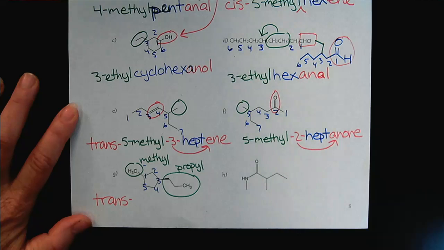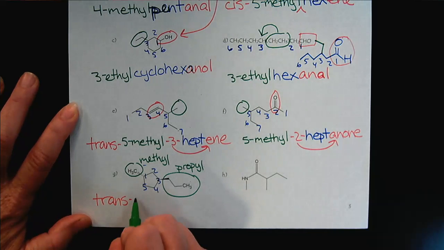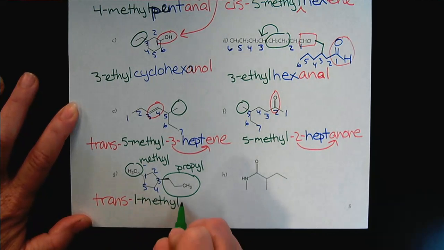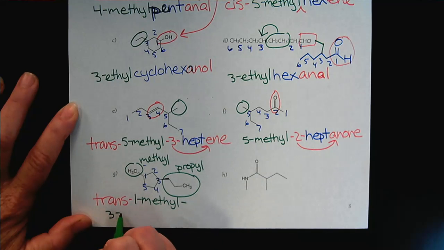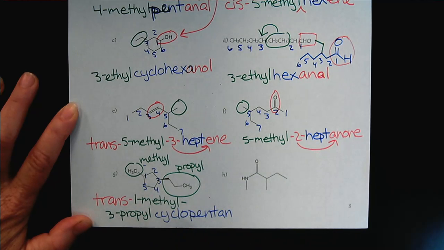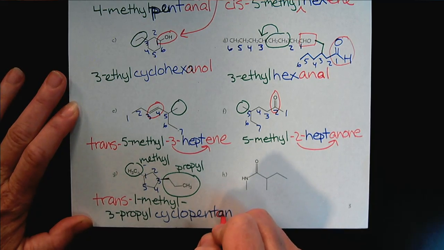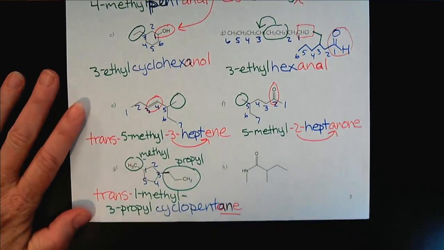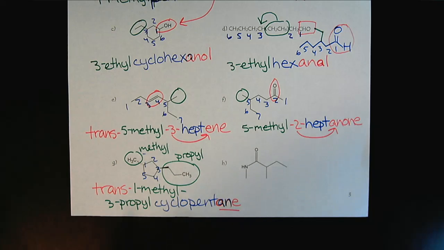So now it would be trans 1 methyl and then 3 propyl cyclopentane. Oops, and I guess we put the ANE. So that is the suffix ANE showing, and it's important because it tells us there aren't any double bonds or functional groups, triple bonds.